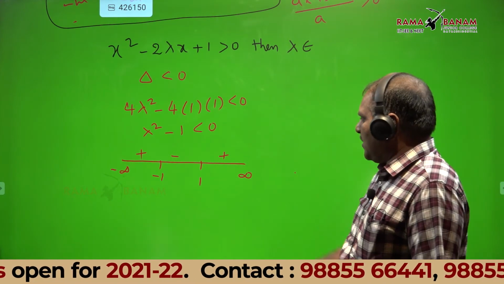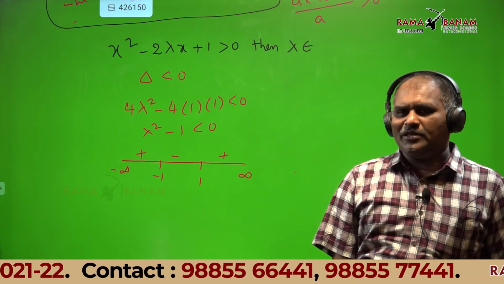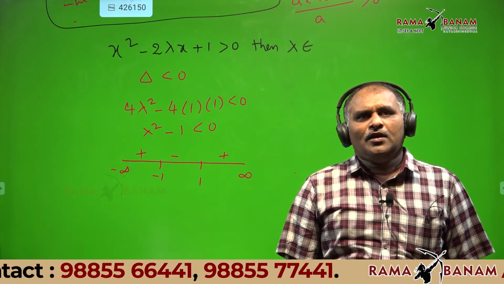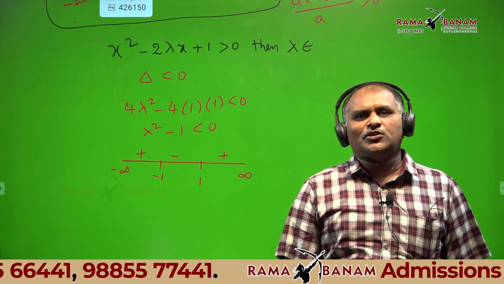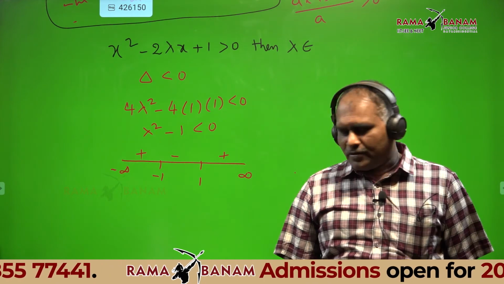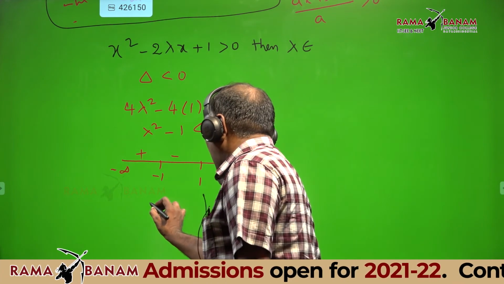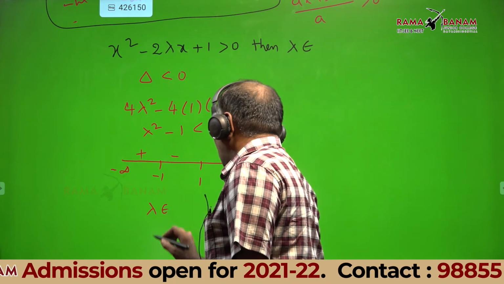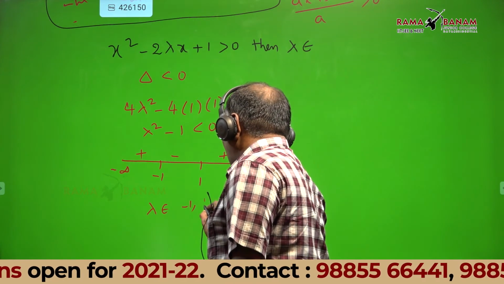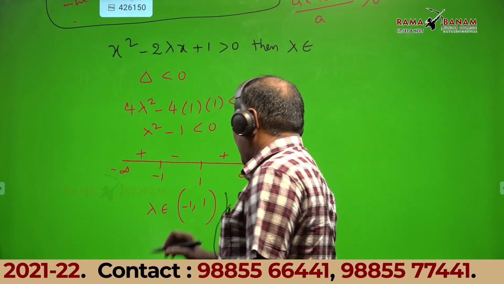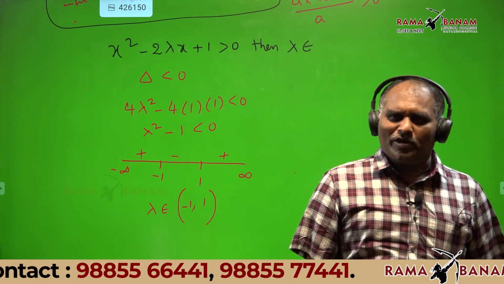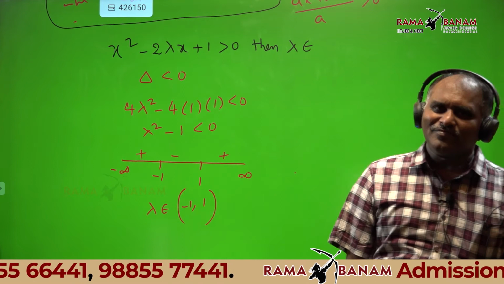Is it less than or greater than? Less than, sir. Less than means negative or positive? Negative, sir. Therefore, lambda belongs to the open interval minus 1 to plus 1. Do you understand? Yes, sir.